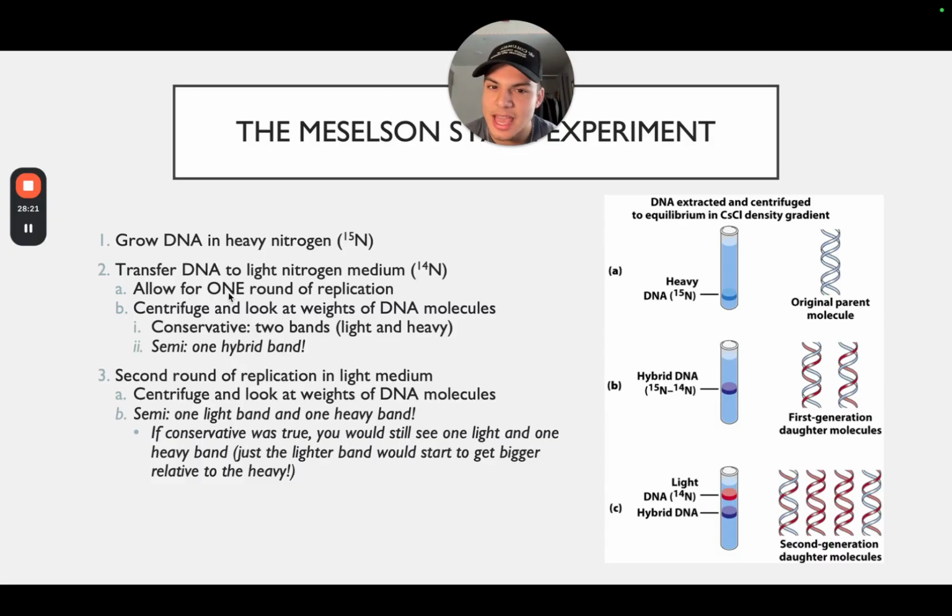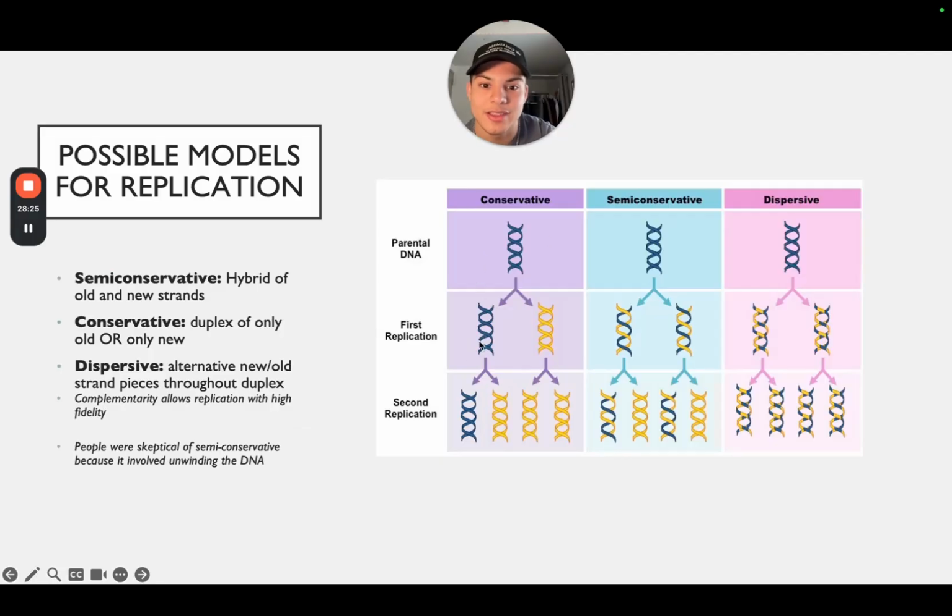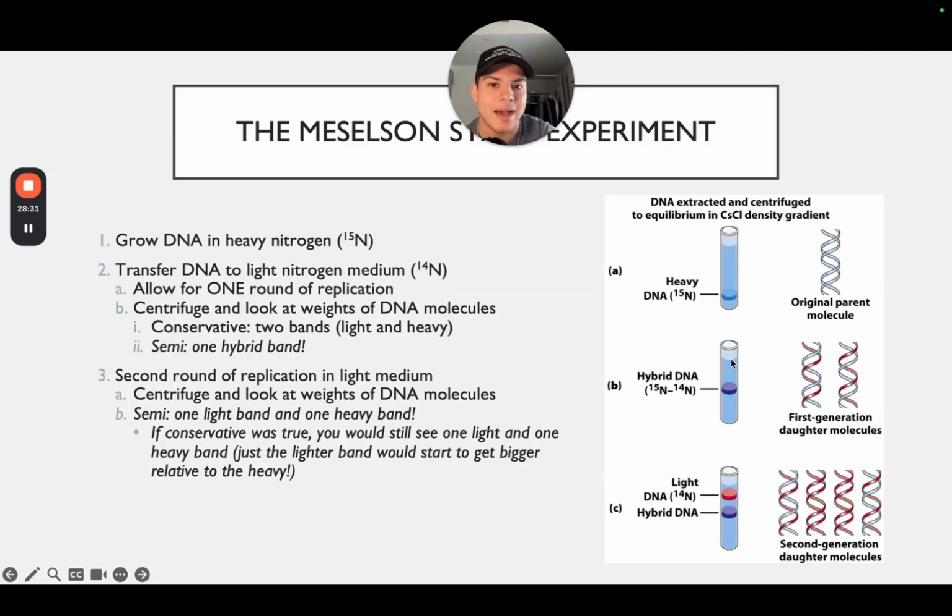If this was a conservative model, where we would get back the original DNA parent molecule untouched and then the newly replicated daughter molecule, and ignoring the band right here, we would have two bands after the first replication.